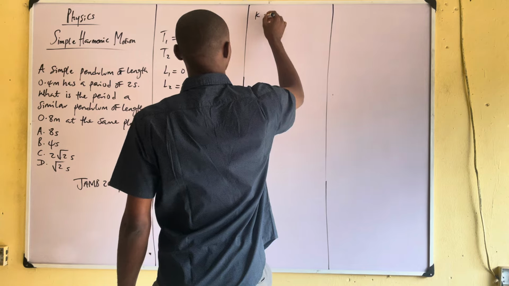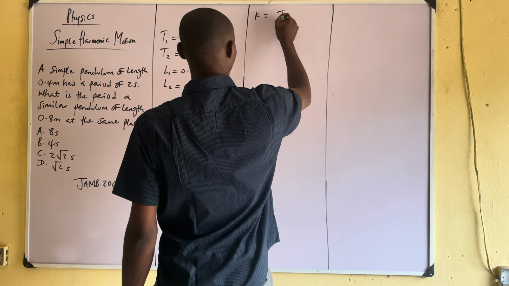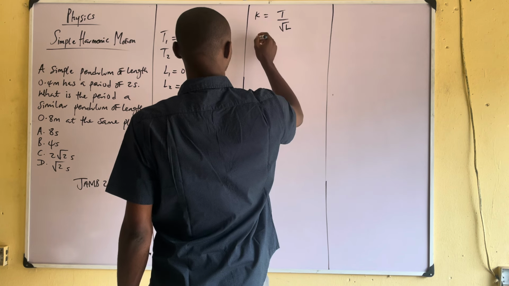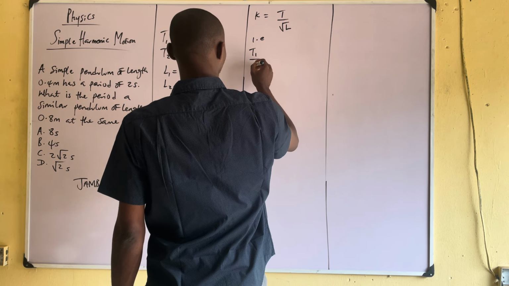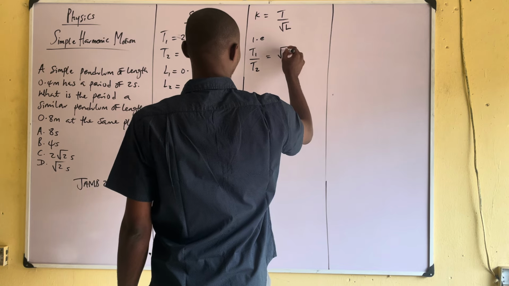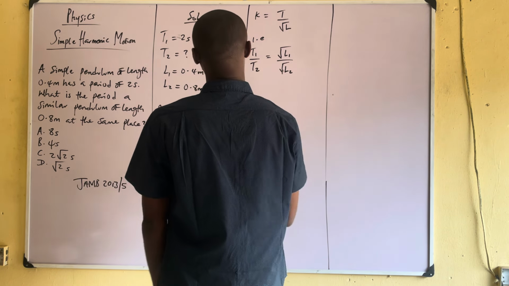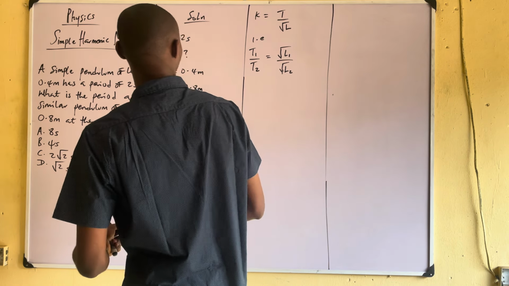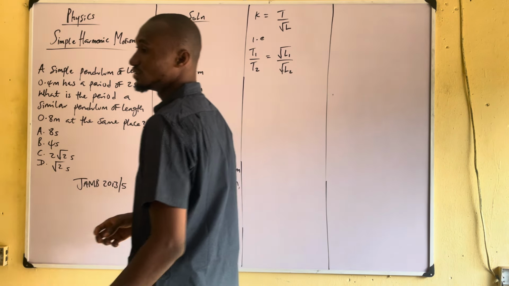k is equal to T over root L. That is T1 over T2 equal to root L1 over root L2. You can also say T2 over T1. Do you understand?